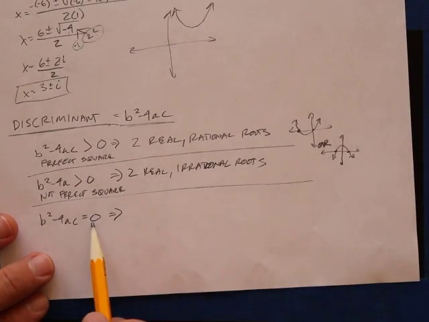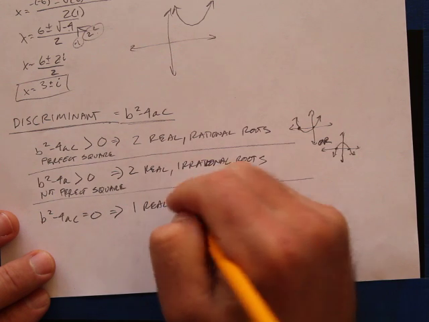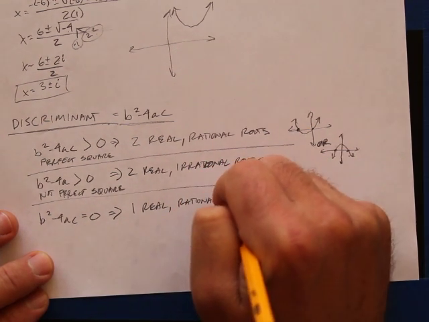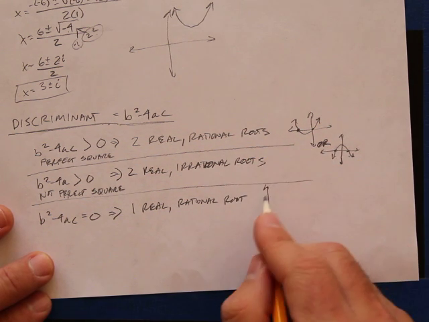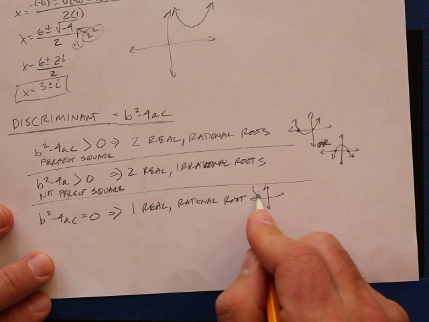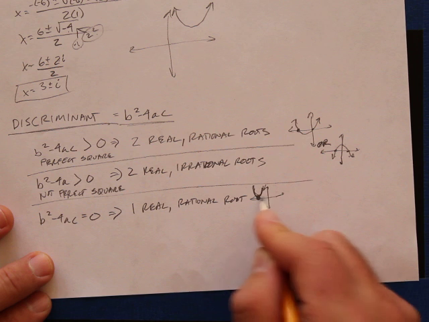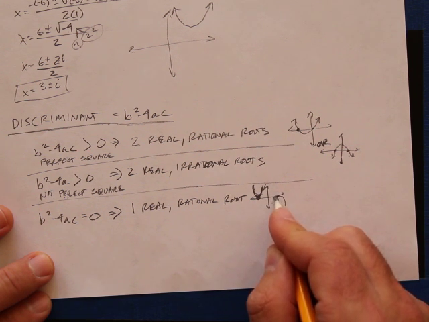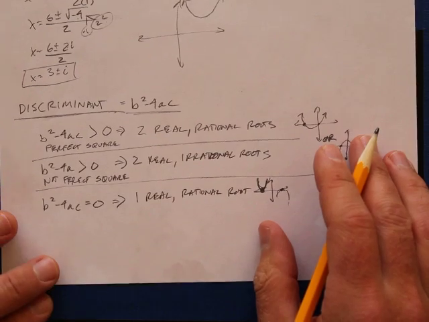So if the discriminant equals 0, then we have one real rational root. And the parabola is going to look something like this. It's going to hit the graph there. It could be like this as well, either one, doesn't matter. It's going to hit the x-axis at one point and then turn back the other direction.